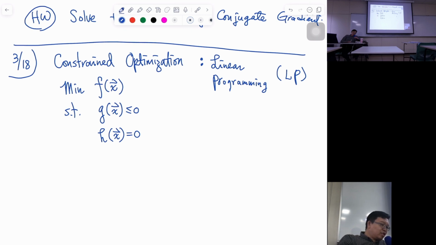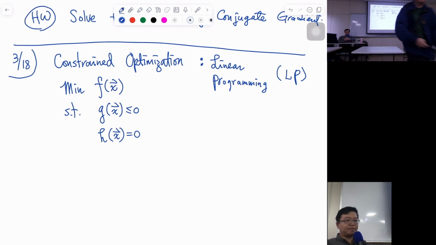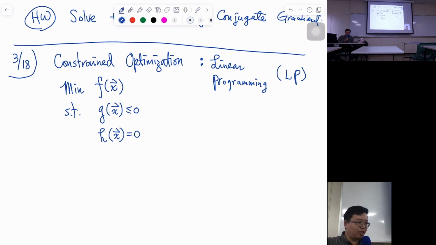Before we start, we need to know the standard format for linear programming. We have to convert the entire problem to a certain format so linear programming can solve it. So it's very important for linear programming to have a standard format.